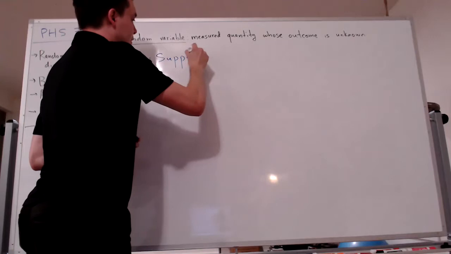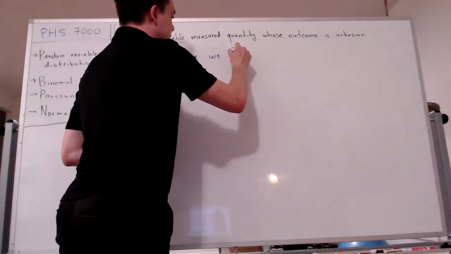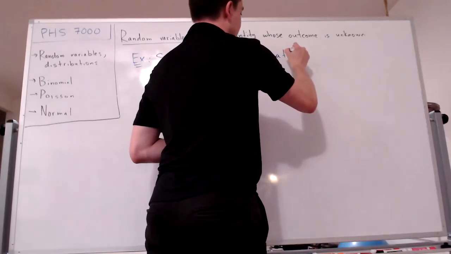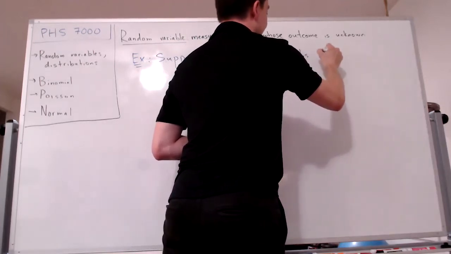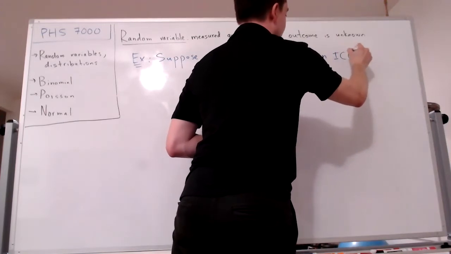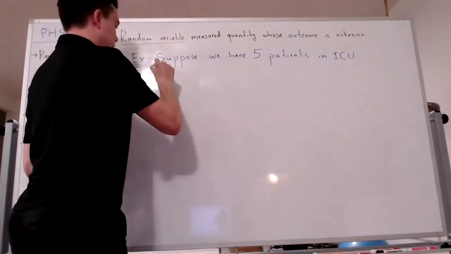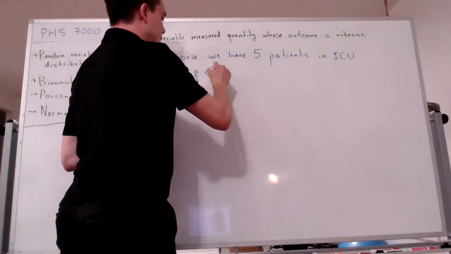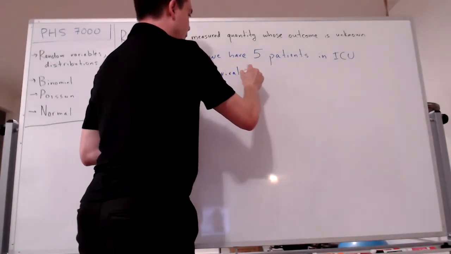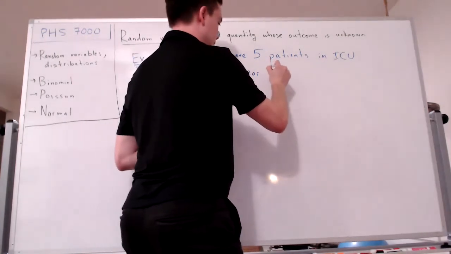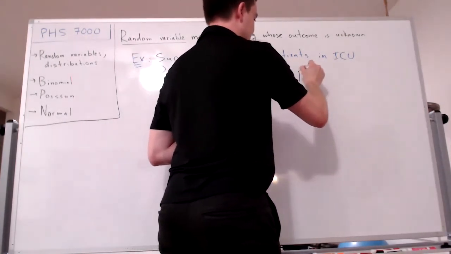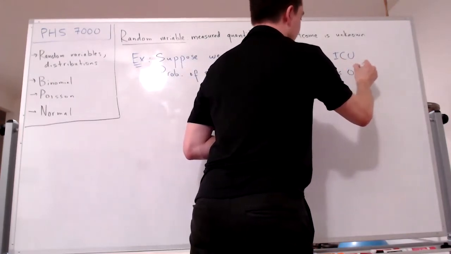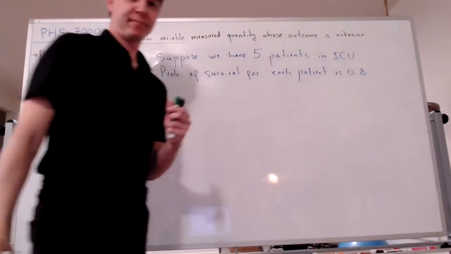Suppose we have 5 patients in the ICU. The probability of survival for each patient is 0.8, 80%.